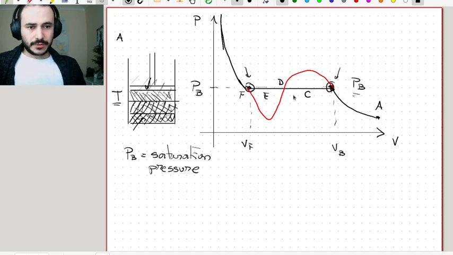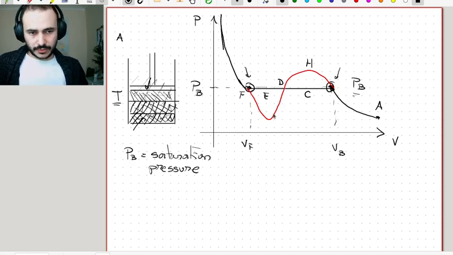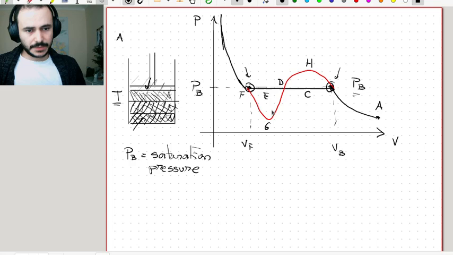But what the van der Waals equation of state would predict is that we go from A to B, and then instead of going to C, which is not even considered in this equation, we go to some other state, H up here, and then we continue, we go to D, and we go down to G, and then we go to F, and then we continue going up.